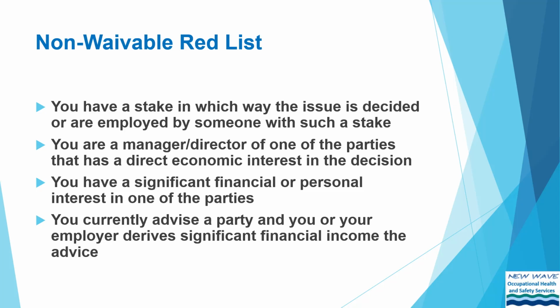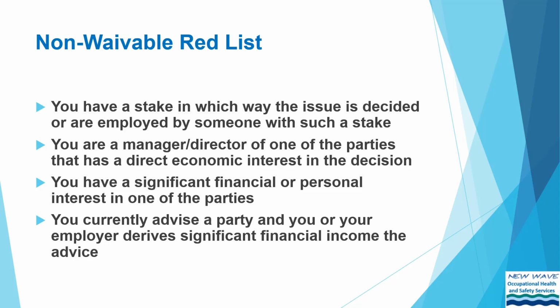Now let's get down to what the lists actually contain. Taking the non-waivable red list, we have issues largely where you stand to make money. On that list, we find such things as you have a stake in which way the issue is decided, or are employed by someone with such a stake. Or you are a manager or a director of one of the parties that has a direct economic interest.